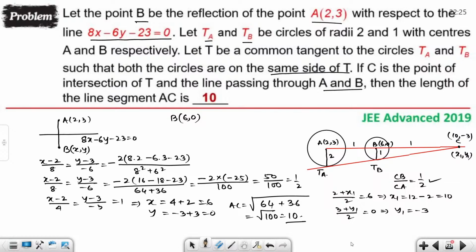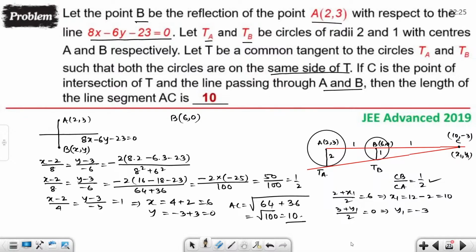That is why it is very important to remember, whenever it is a direct common tangent, you will always use that the point of intersection is dividing the line joining the two centers of the circles externally in the ratio of their corresponding radii.